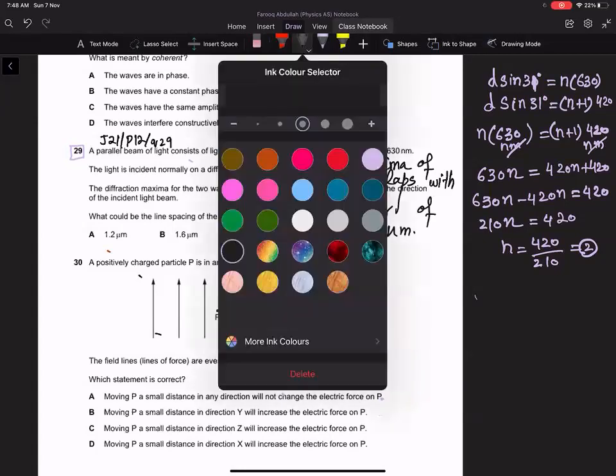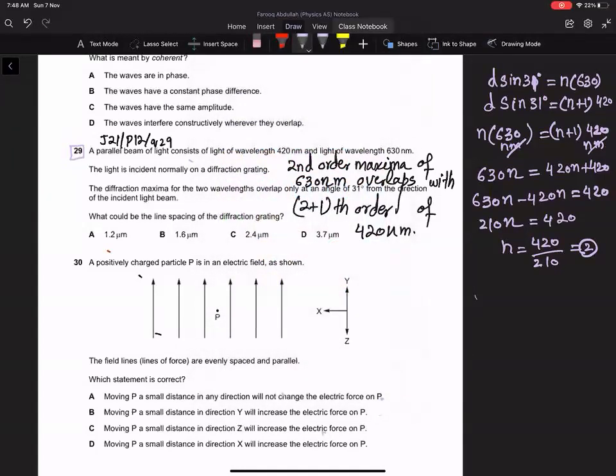Now d is to be calculated. d sine of 31 is equal to, for 630 it's second order, so 2 times 630 times 10 power minus 9. So d is equal to 2 times 630 times 10 power minus 9 divided by sine of 31.